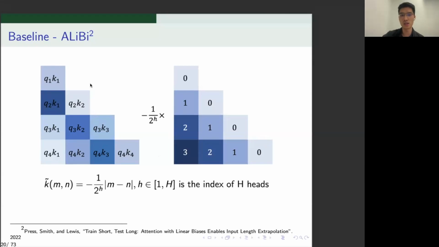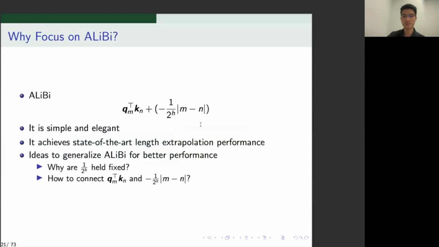And this is the self-attention correlation matrix. This is a lower triangular matrix because we are considering a causal transformer language model here. And this bias matrix, this K tilde, will be added onto the self-attention correlation matrix. So this is just a very famous baseline, Alibi.